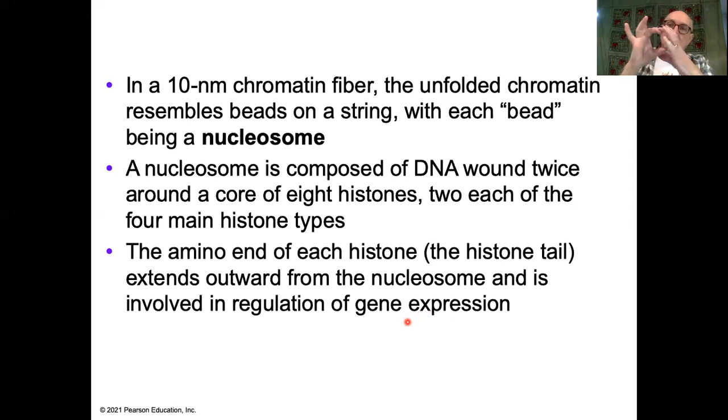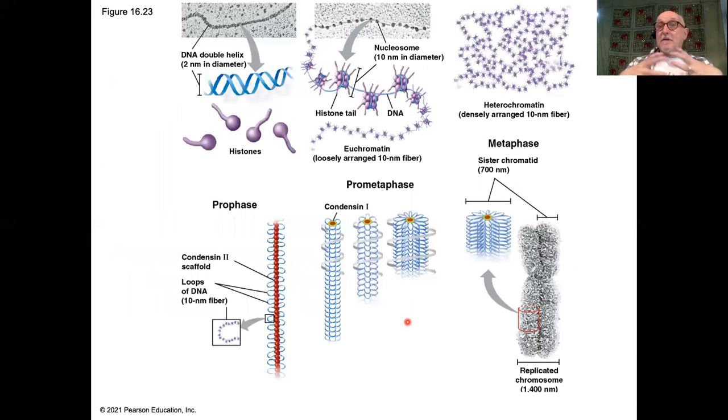The association, the little histone with its DNA around it, is called a nucleosome. And the DNA winds twice around each nucleosome. Those nucleosomes, here they are. For much of the cell's life, they're like this, relatively unwound.